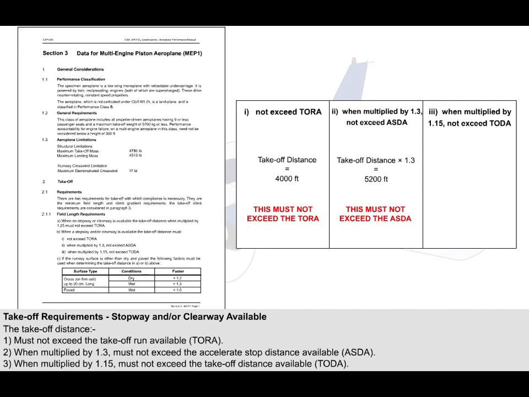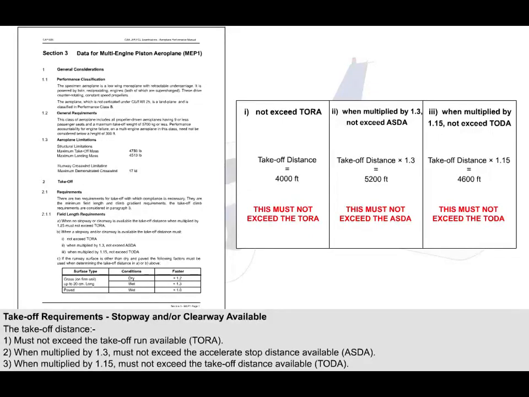You may recall that the accelerate stop distance available is the takeoff run available plus any stopway. So, a pilot must ensure that the airfield has an accelerate stop distance available of more than 5,200 feet long. The last regulation tells us that the takeoff distance, when multiplied by 1.15, must not exceed the takeoff distance available.